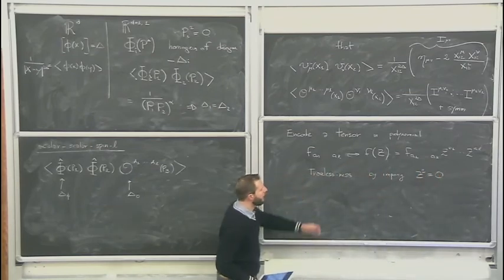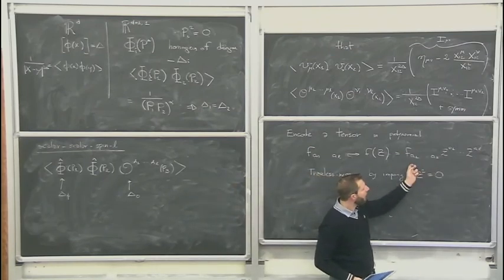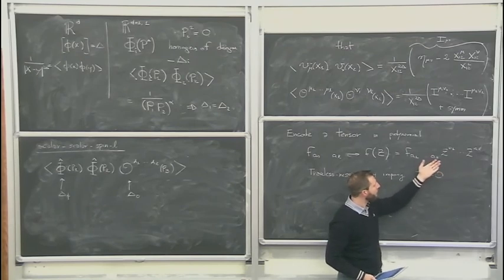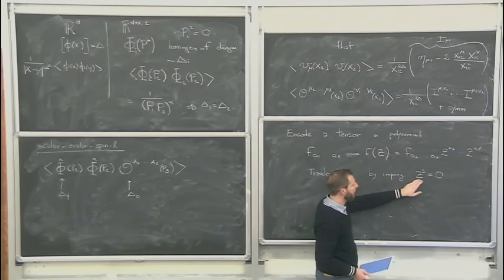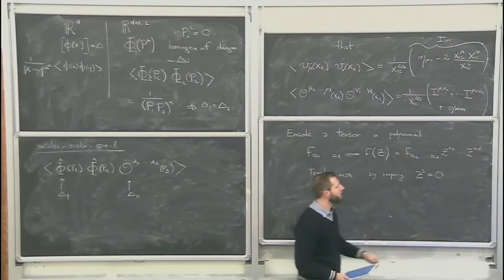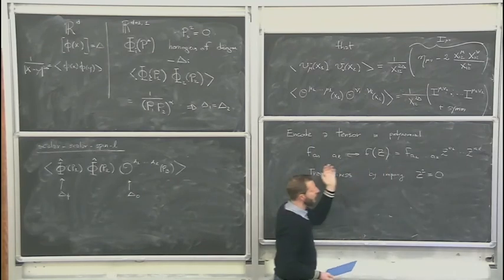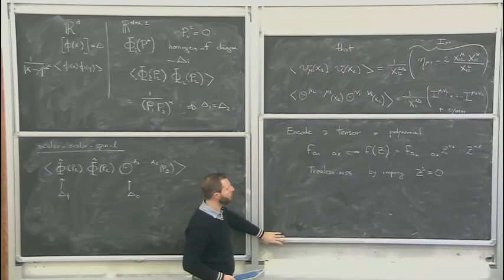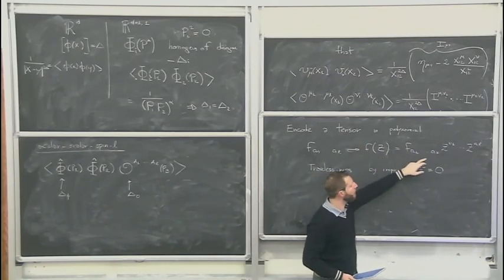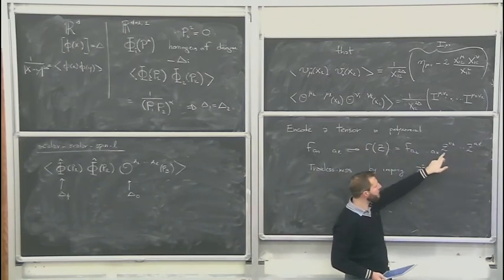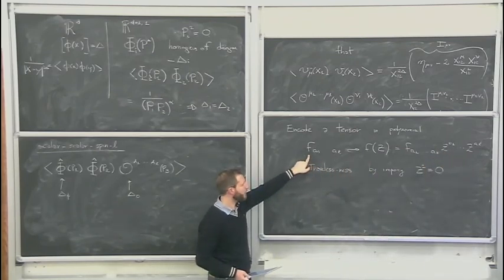Why? Because tracelessness means subtracting traces, so you have objects that are proportional to delta AB, but if you impose this condition, all these terms drop. And it can be proven that you can always pass from one to the other. I'm not going to do that, so you have to trust me. You can always recover the original operator by taking derivatives with respect to this polarization.